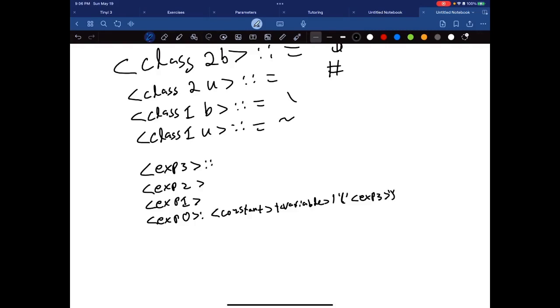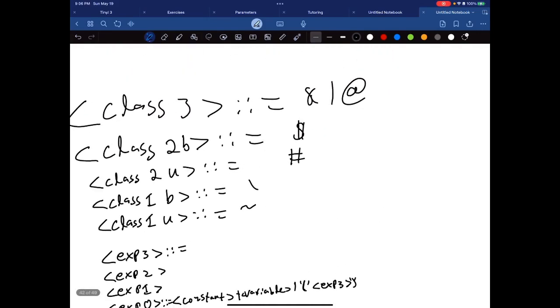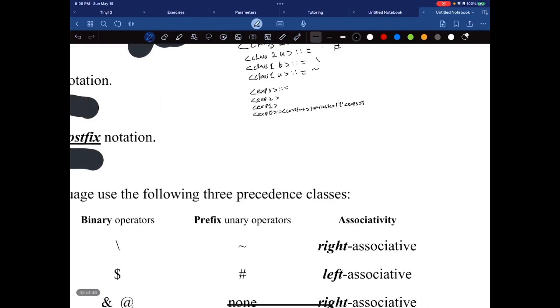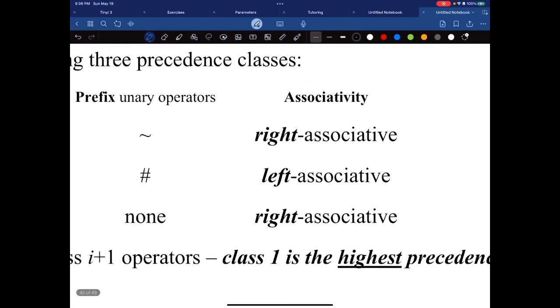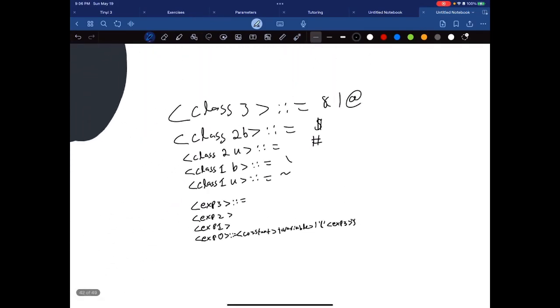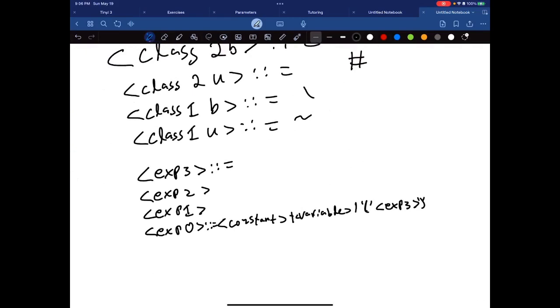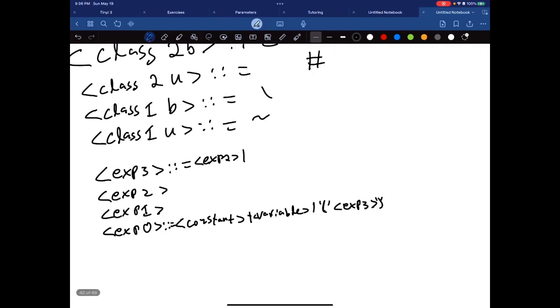And then for expression 3, we know that expression 3 is right associative. So there's two things we need to do. One, we need to call upon expression 2 as an option. Or since it's right associative, the current expression that we're in is going to be recalled on the right.